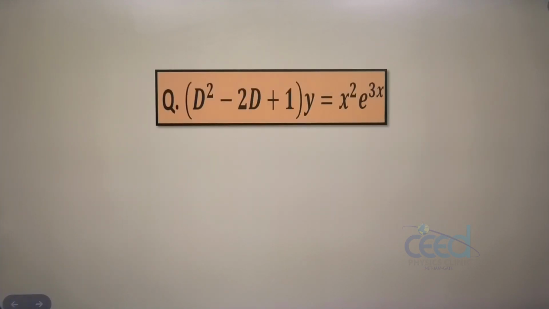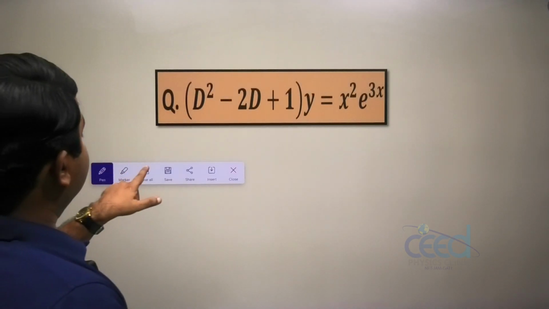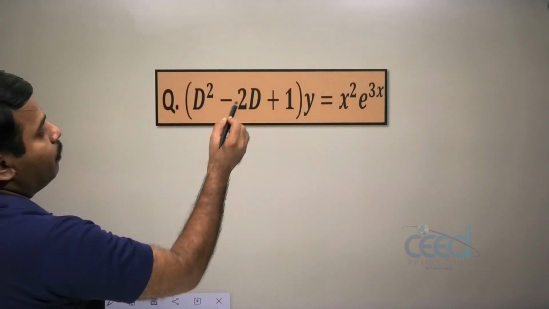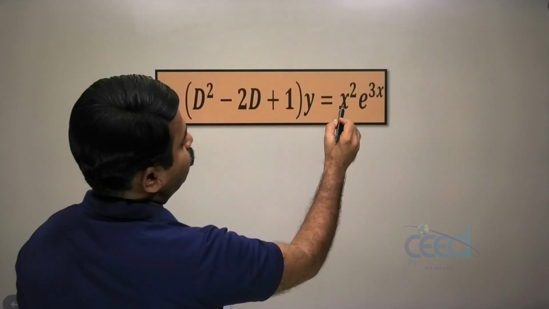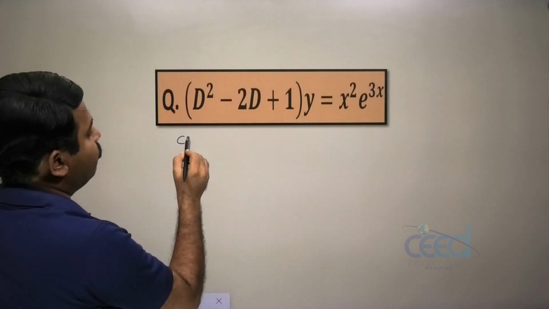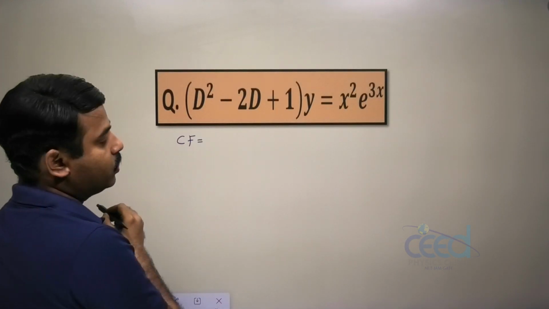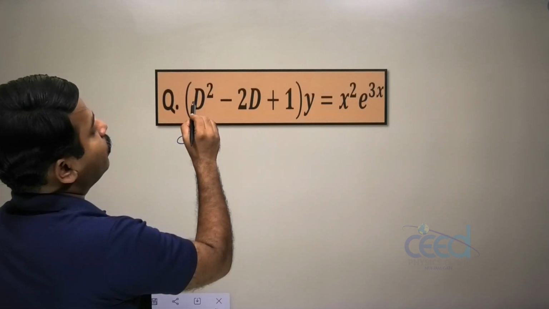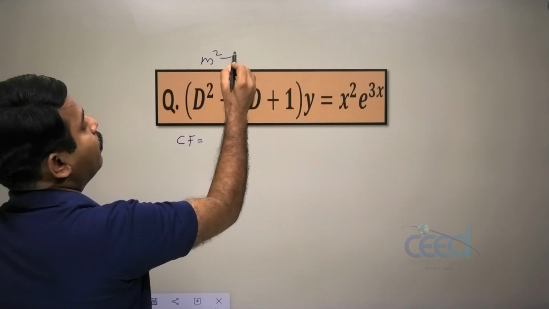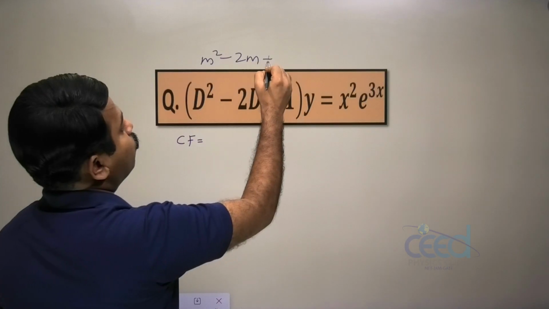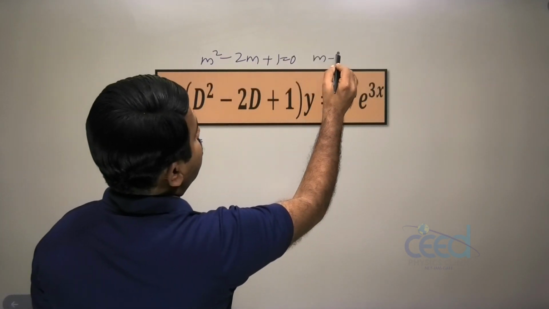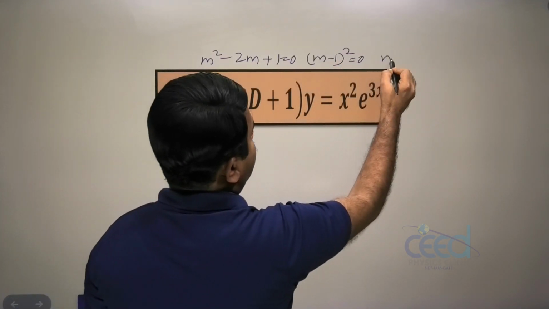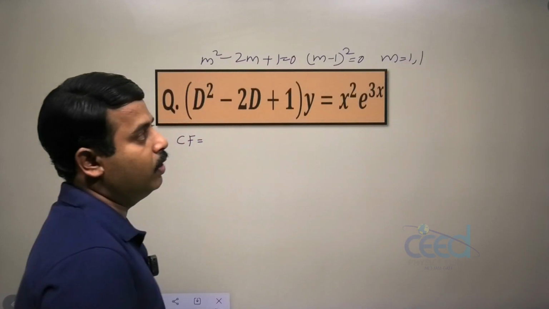See here the question is d square minus 2d plus 1 y is equal to x square e raised to 3x. First we find the complementary function. The complementary function is found by solving the auxiliary equation, m square minus 2m plus 1 is equal to 0, that is m minus 1 the whole square is equal to 0, then m is equal to 1, 1.